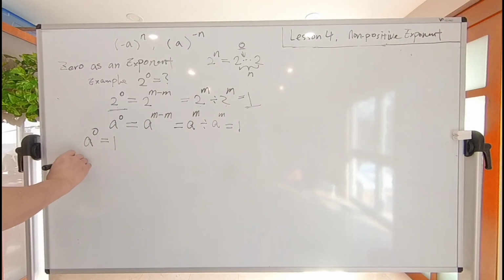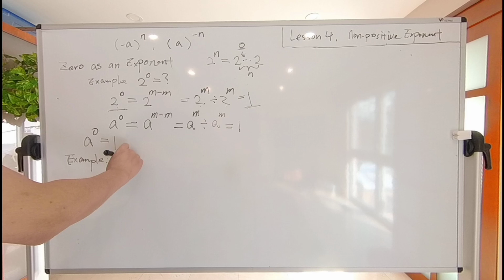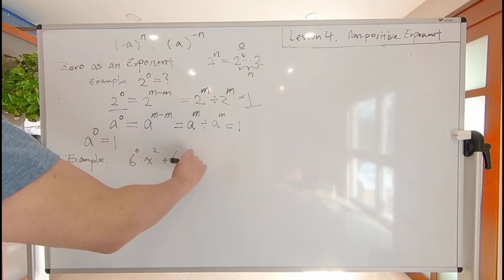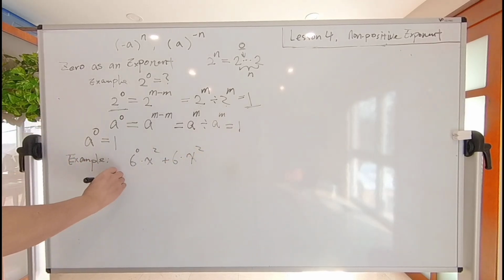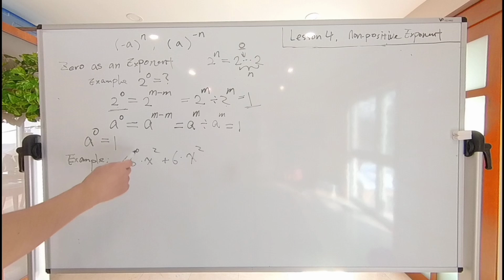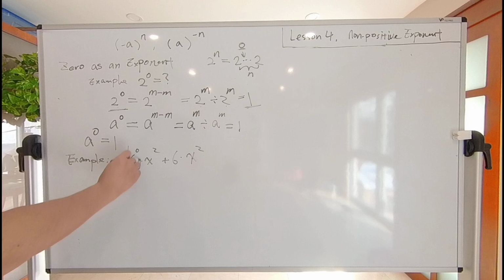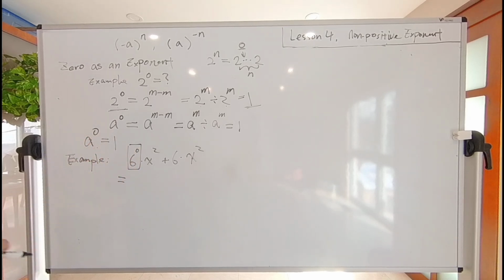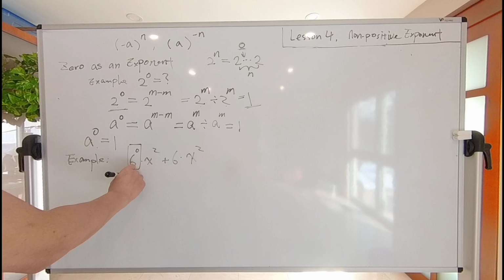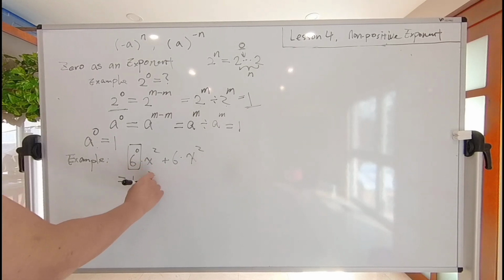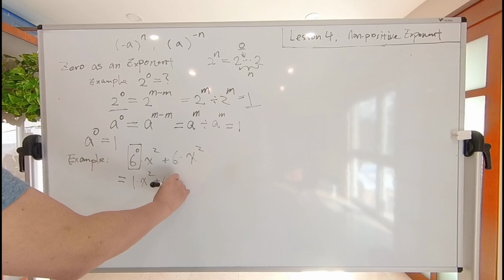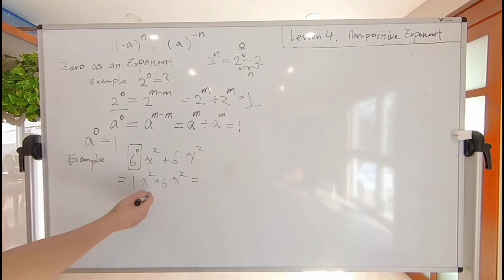So for example, let's see how we can utilize this conclusion to simplify a complicated form. If I want to simplify this expression, first of all, I see a power of 0 over here, so based on the definition of 0 exponents, this equals 1 times x squared plus 6 times x squared, and it is just 7x squared.